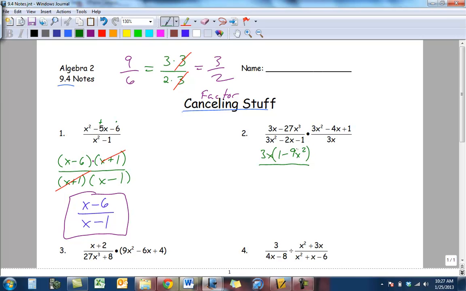Look for a GCF first. There's not one. So in order to factor this, we have to Batman this. I'm going to take this to the side here and Batman it. Go ahead and Batman really quick. I'll do mine here. We'll see if we agree.